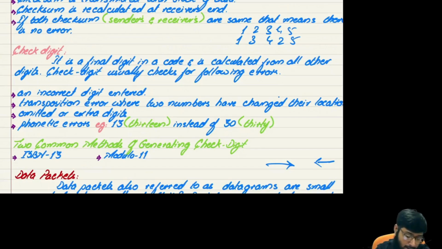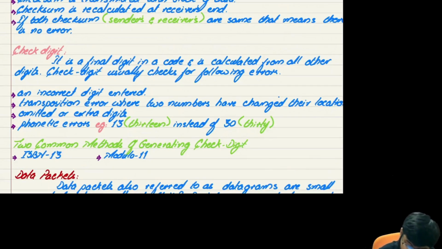Now how is the check digit calculated? For example, the values given to us are 4 5 6 7 2. Each value is multiplied by its digit position.